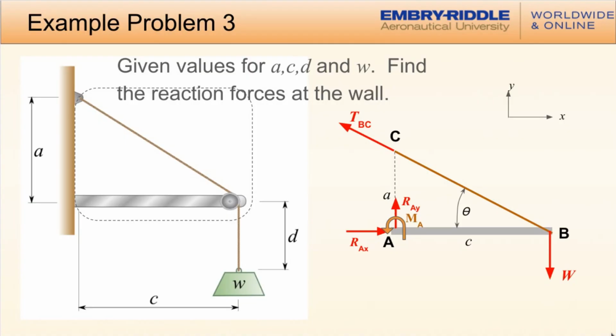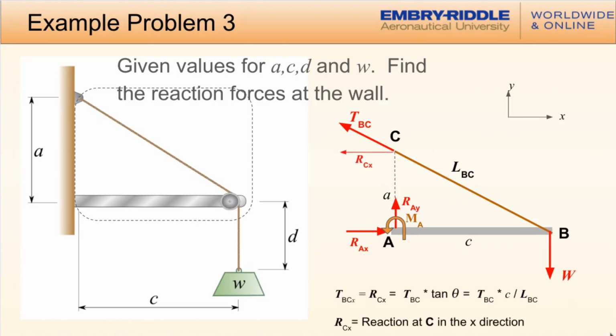We could have an angle, or optionally, we could just have the length and not have the angle. The reason for that is, of course, once we decompose TBC into X components by adding our X subscript, we could have drawn it originally, reaction at C in the X direction, or define reaction at C in the X direction.